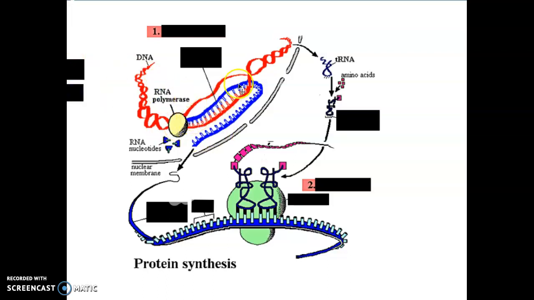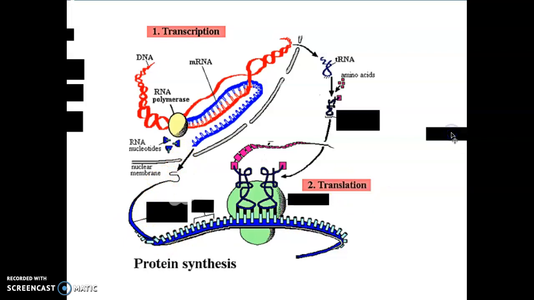But what it is creating is this blue strand. Notice it's single and it's a different color, which is meant to represent the different sugar. That's your messenger RNA, okay? So making DNA into RNA is one of our trans words. That's transcription, all right?